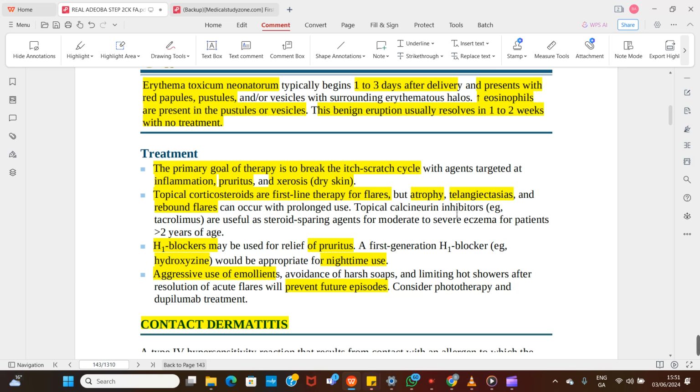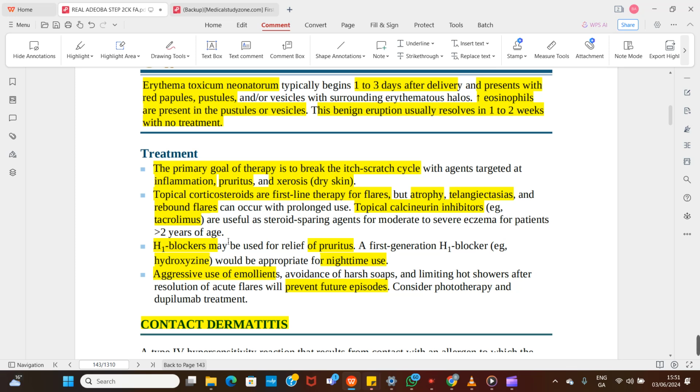Sometimes you might need to use steroid sparing agents, particularly if you want to use it for a long time, for individuals with moderate to severe eczema who are more than 2 years. You can use topical calcineurin inhibitors like pimecrolimus or tacrolimus. They are steroid sparing. They allow you to achieve what you would achieve with steroids without using steroids.